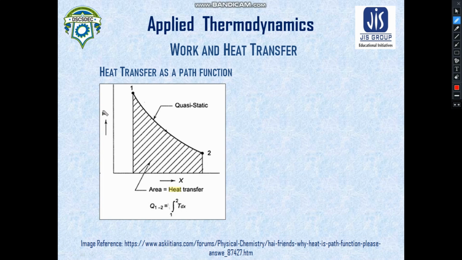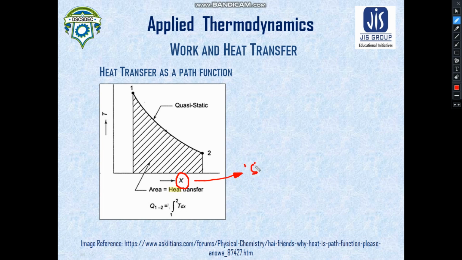Now the coordinates to express heat transfer will be T and S. T is an intensive property. Here this X refers to a property which is unknown to us. Later on you will understand this X is nothing but S, the entropy.